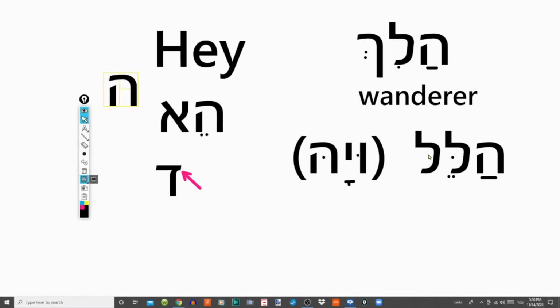Okay, the final word, I have not written anything under it because I don't want to spoil the secret. This is ha, lay, and this is a doubler in here. It's not just a dagesh, but it's a dagesh that doubles the letter. It's called the chazak, or the forte.